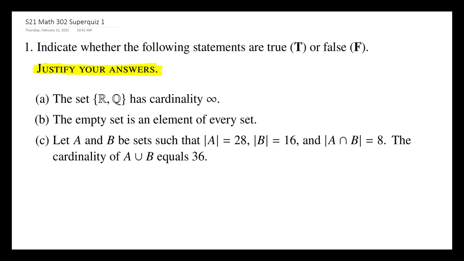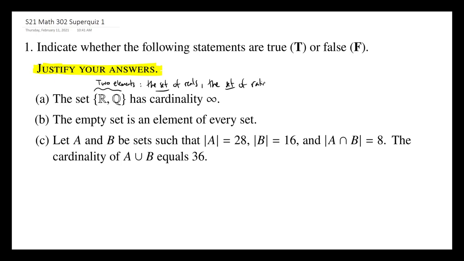So this is a set that has two elements in it, right? Each element is in fact a set itself, but that's beside the point. Two elements: the set of reals and the set of rationals.